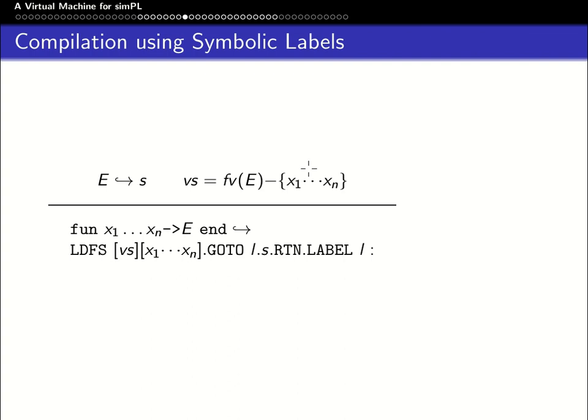Now, we can do a similar thing with labels instead of using relative go-tos. Okay? And that's in no way surprising, right? We set labels and we just use those labels. All right? What we want is to skip the body of the function for the time being. So the go to L goes right after the return instruction.